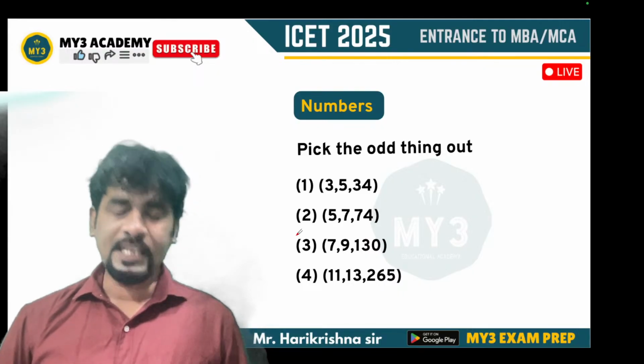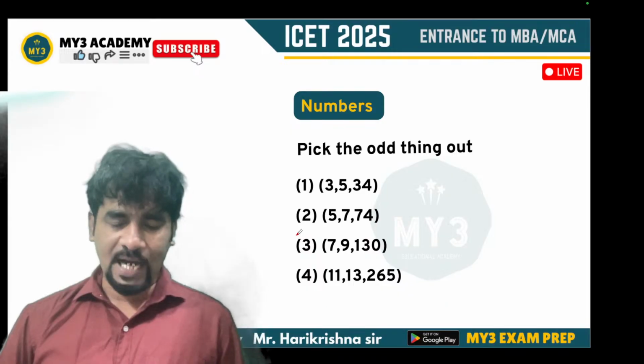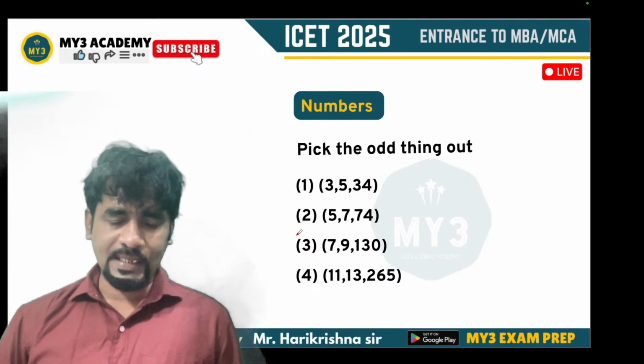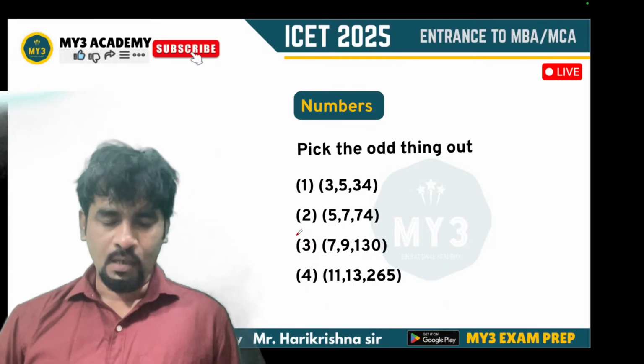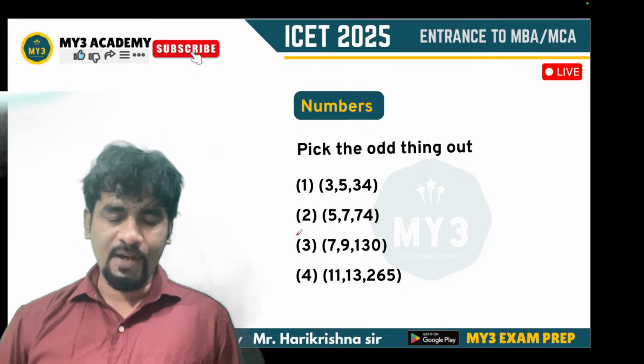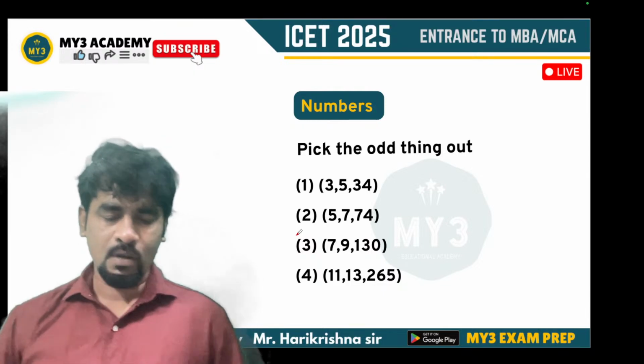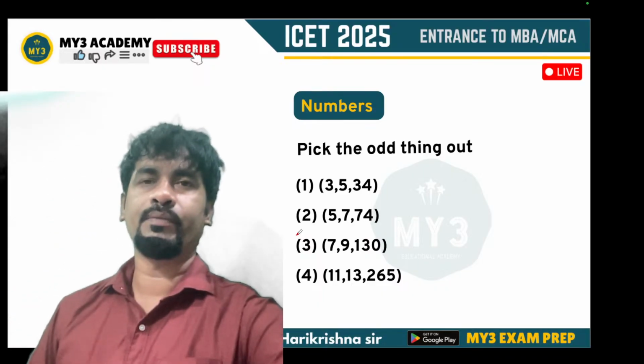Pick the odd one out. 3, 5, 34; 5, 7, 74; 7, 9, 130; 11, 13, 265. What is the odd one out here?